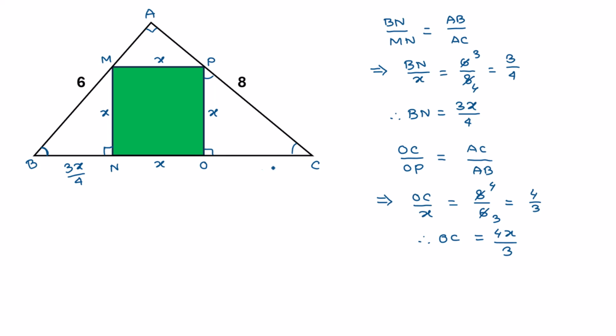And applying Pythagoras theorem in triangle ABC, because this angle is 90 degree, we will get the value of BC. And we have found OC is equal to 4x over 3.